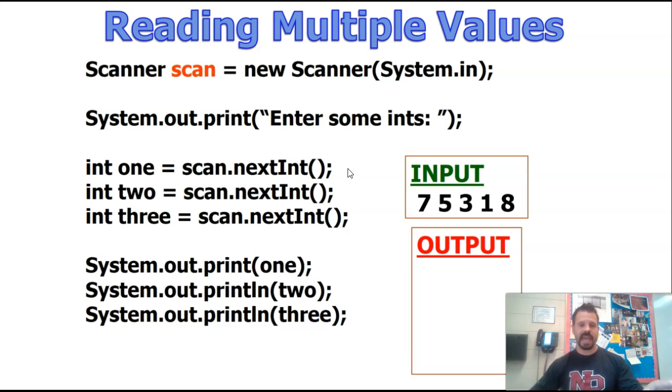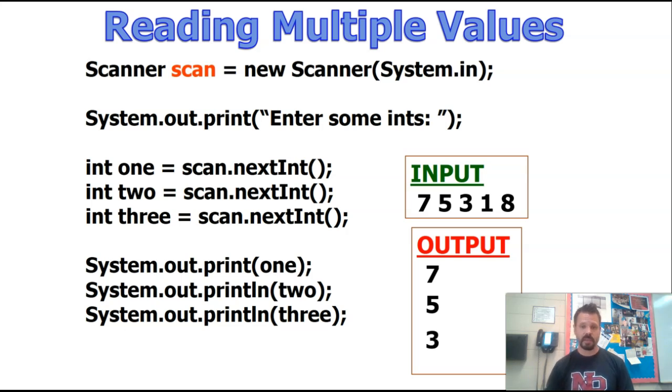Okay, what's going to happen then when I hit enter is my scanner is going to individually assign an int to each of these for my print stream, stopping when I get to a space. So when I go to print these then, int 1 will be the 7, the first number I plugged in. The int 2 would be the 5, the second number. The int 3 would be the 3, the third number.